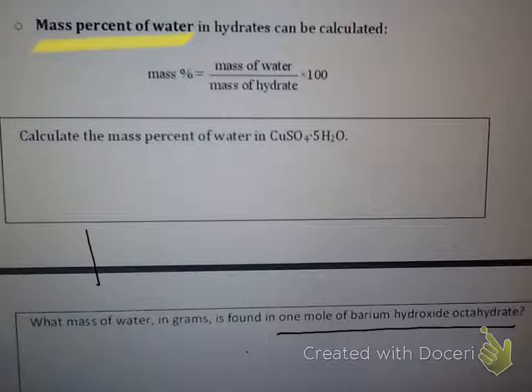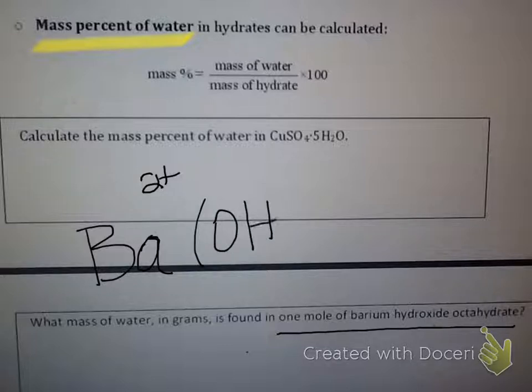Barium on the periodic table is Ba, and it has a +2 charge. You're going to have to write this compound down correctly. So barium is Ba2+, and hydroxide is OH-. If we have a -1 and a +2, we need 2 hydroxides for every 1 barium. We've got to balance the charges in that formula.